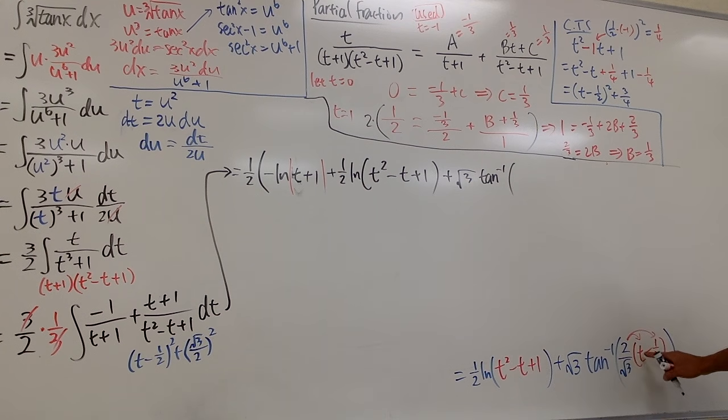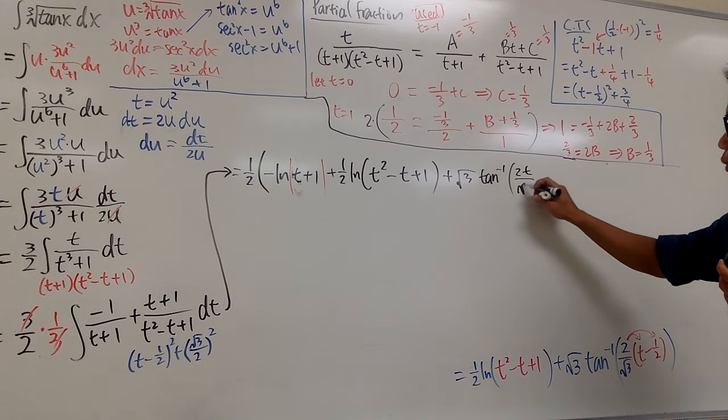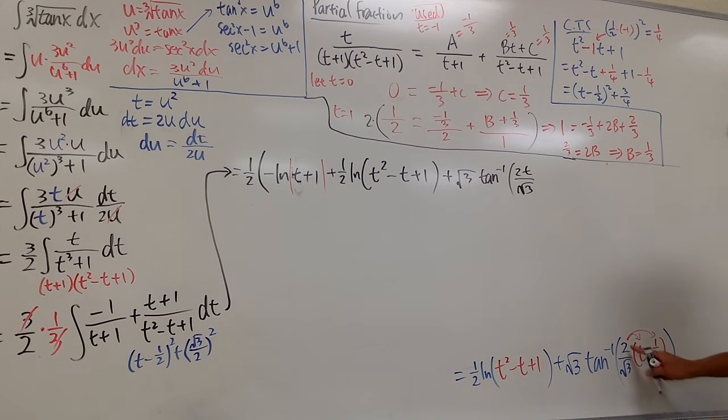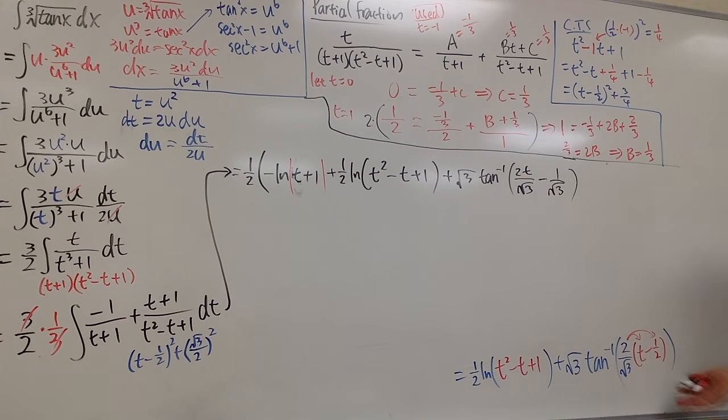Why not? We have t over square root of 3 right here, we have 2t over square root of 3. And then this times that, the 1/2 and the 2 cancel out, so we have minus 1 over square root of 3, like that. Okay, so this times that is that, and so far so good.